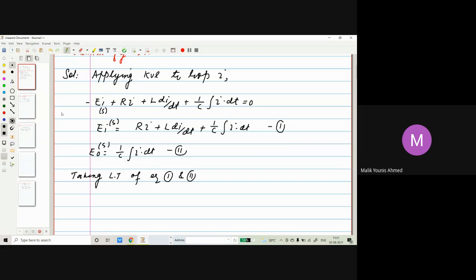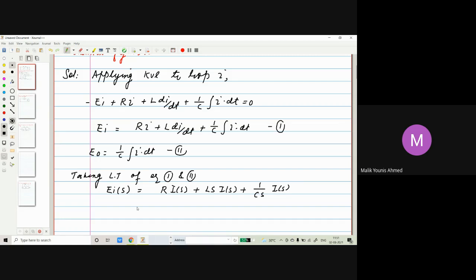Sorry, this is the equation only, in the T domain. Now we are taking the Laplace transform. So E_i of s will be equal to the Laplace transform of R, which is R only, times I of s, plus Ls times I of s, as we already know, inductor is Ls and current is I of s, plus 1 by Cs times I of s.